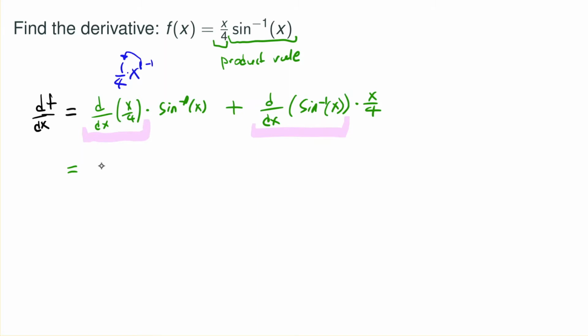Therefore, the derivative of this is just 1 over 4. So 1 over 4 multiplied by sine inverse x plus the derivative of sine inverse, which is 1 over the square root of the entire thing, with the square root just on the denominator, 1 minus x squared, multiplied by x over 4.